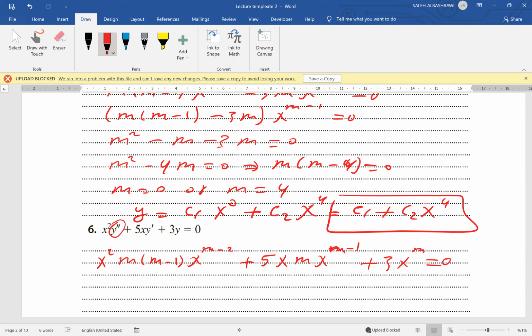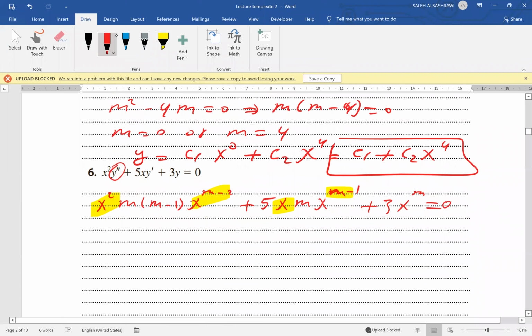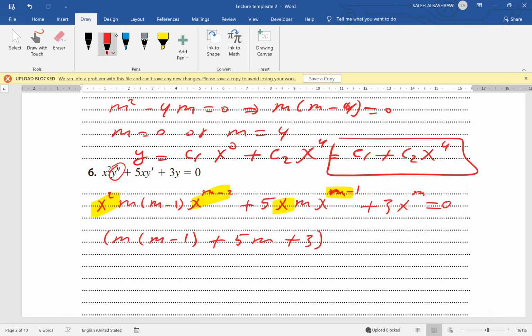Combining these together, I will write it as x to power m and take it as a common factor. We will have [m multiplied by (m minus 1) plus 5m plus 3] x to power m equal to 0.